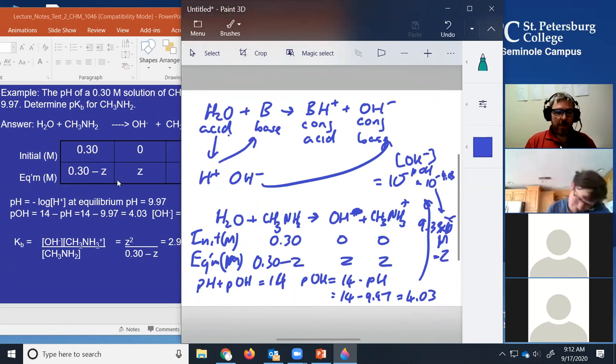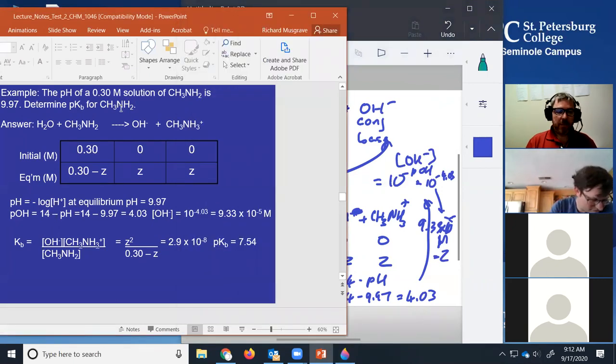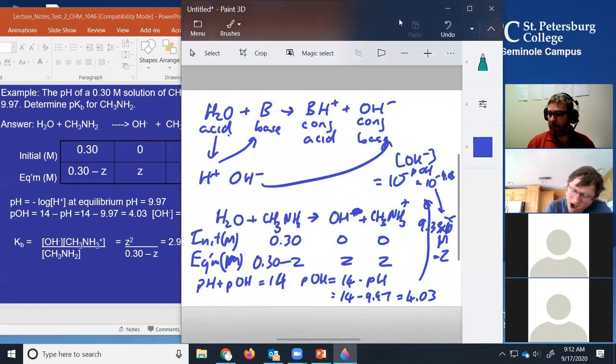So we have to go a little bit further than we did previously because we were given the pH here instead of the pOH. And it's the pOH that allows me to get the OH- in the problem. Now, after we've done that, we can solve for the Kb.